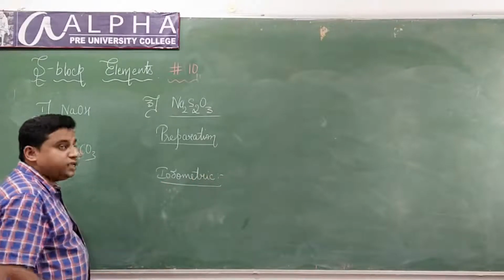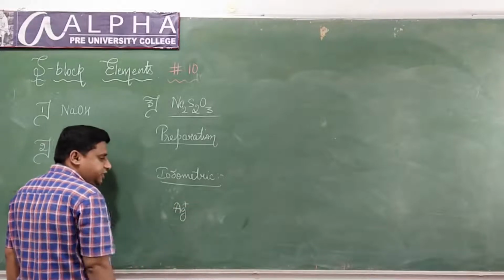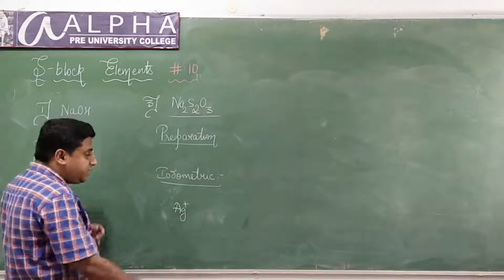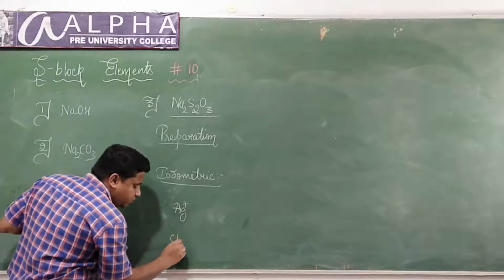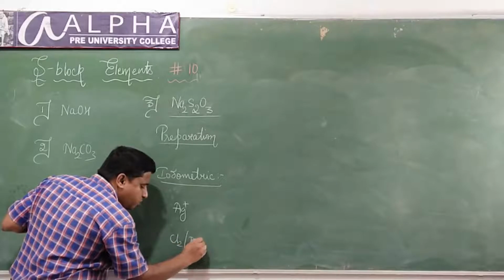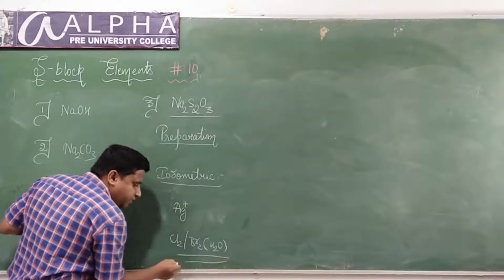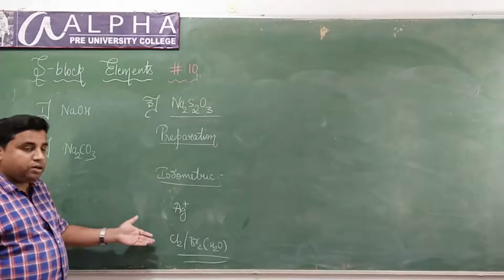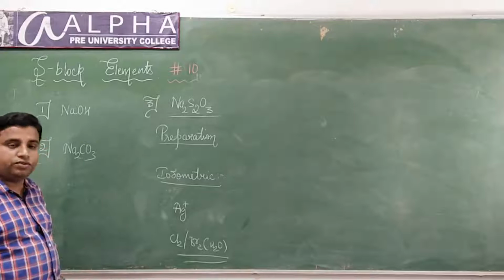Then we will study the reaction of sodium thiosulfate with silver ions, Ag+, and with chlorine or bromine water, which we will use in our practical classes, that is, in salt analysis.